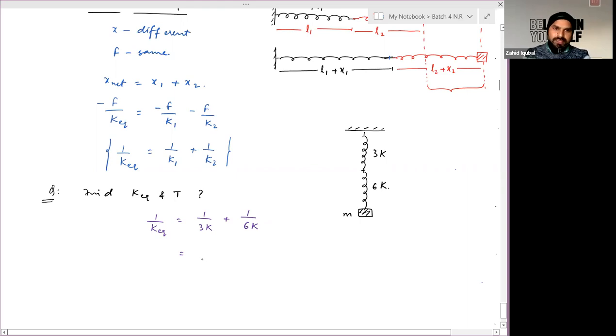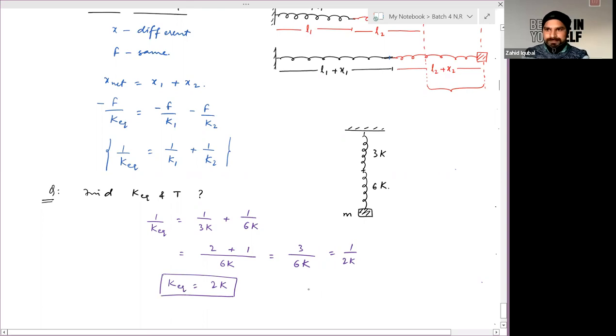Good result, but you have to calculate K equivalent, so just take the reciprocal of your result. Good. So if you take LCM to be 6K, it will be 2 plus 1, that will be 3 over 6K, that will be 1 by 2K. Since we have to calculate K equivalent, just take the reciprocal of it. So K equivalent will become 2K.